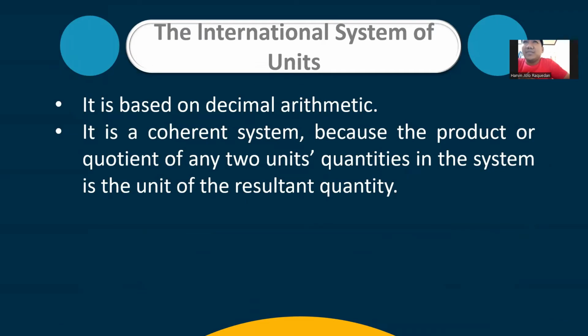For each physical quantity, units of different size are formed by multiplying or dividing a single base value by powers of 10. Next, it is a coherent system. Why? Because the product or quotient of any two unit quantities in the system is the unit of the resultant quantity. For example, in a coherent system, the meter is the unit of length and the square meter is the unit of area.